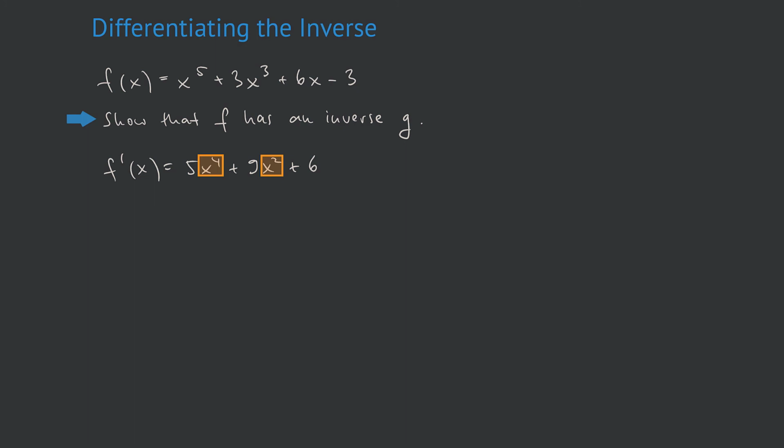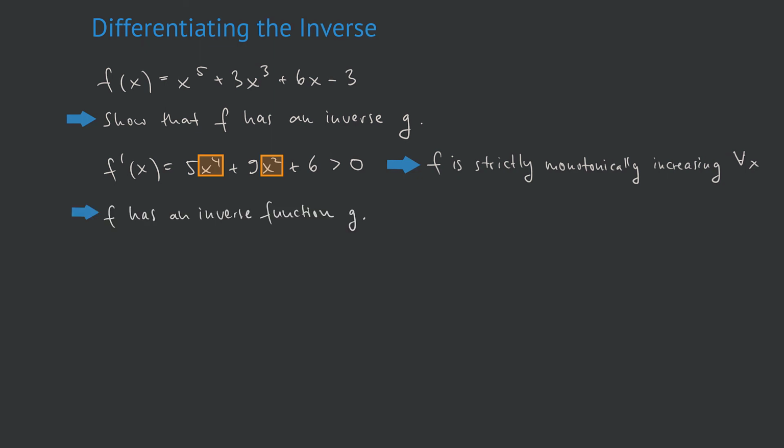That means it is always strictly greater than 0. Now because the derivative is strictly greater than 0, we know that the slope of f is always strictly greater than 0, and that means that f is strictly monotonically increasing at every position x. We therefore may conclude that f has an inverse function g.